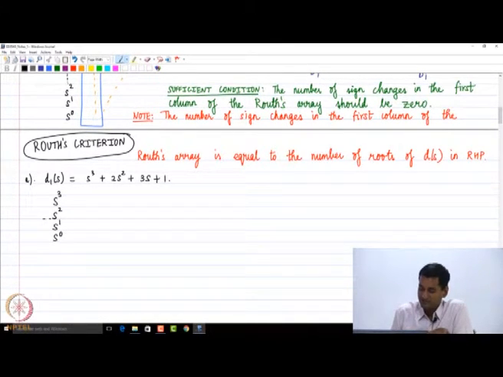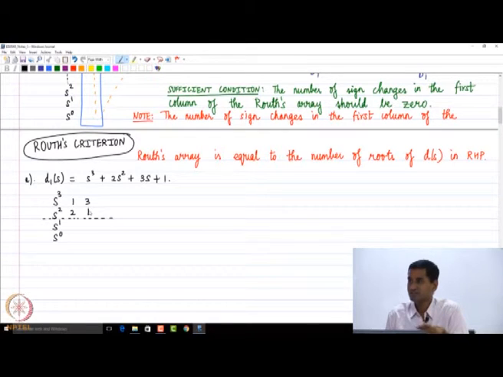Then I take the first two rows, and I start filling the coefficients. What are the coefficients? 1, 2, 3, 1. That's it. I have exhausted my coefficients. Now if I want to go to the s power 1 row, I multiply 2 with 3, I get 6.